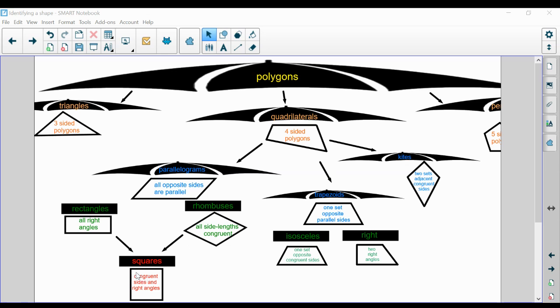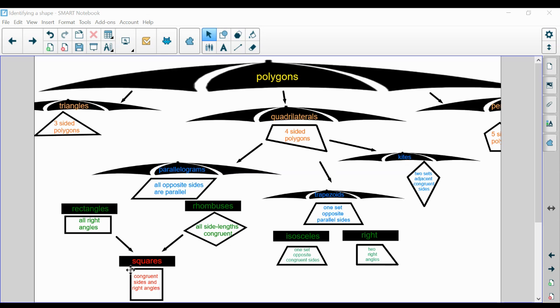A square has the attributes of a rectangle as being a 4 sided polygon, quadrilateral, parallelogram, but it has all 4 right angles, and it also draws from the rhombus category because it has all 4 sides exactly the same length. So it's almost like a square is a cross between a rectangle and a rhombus.